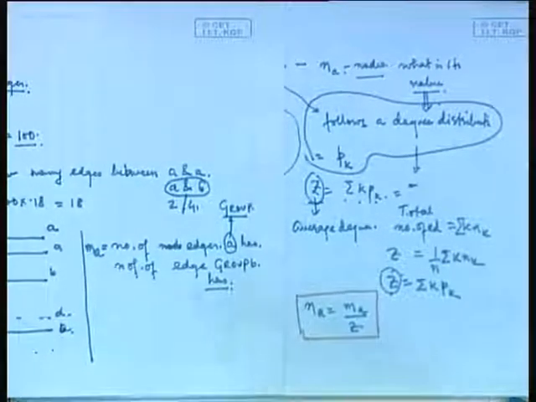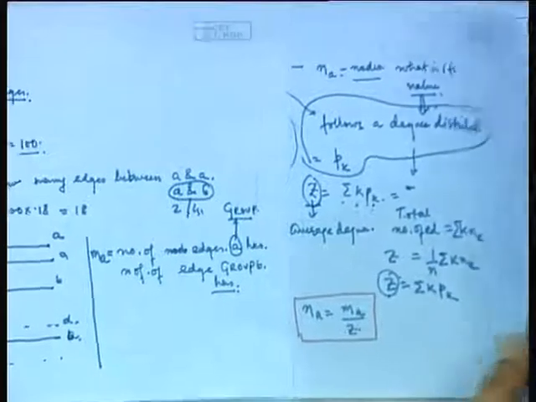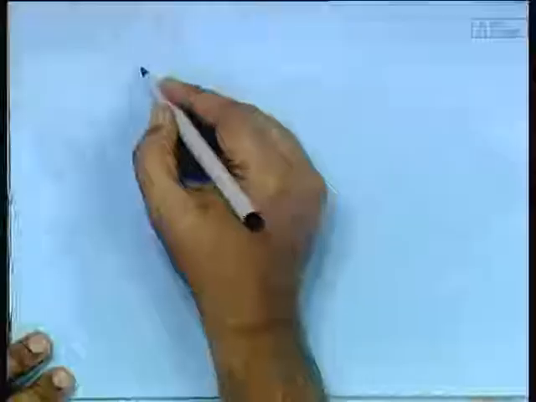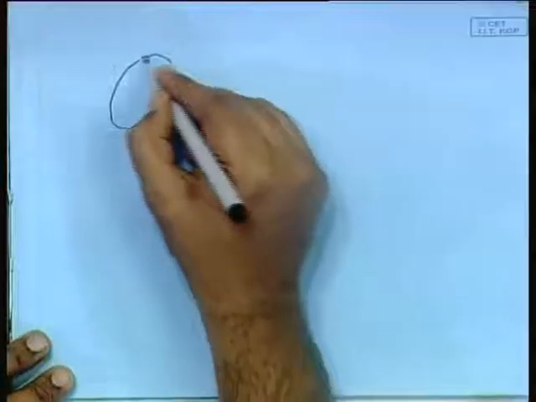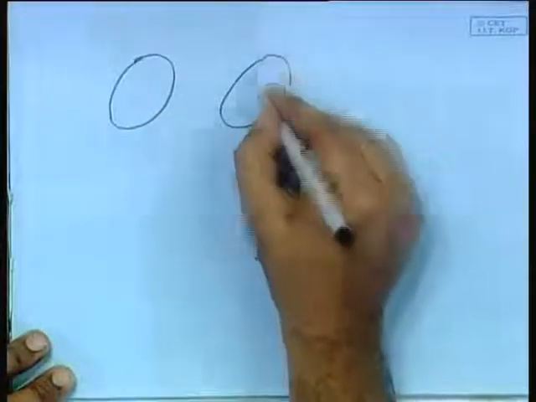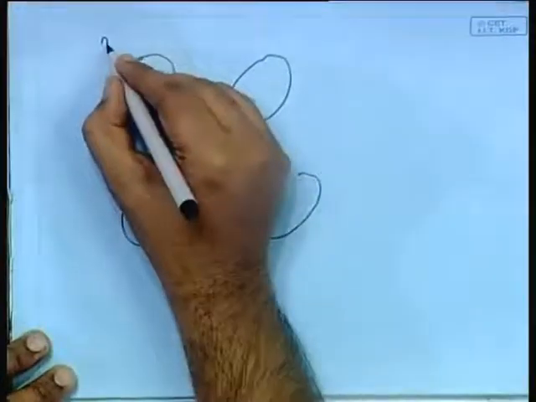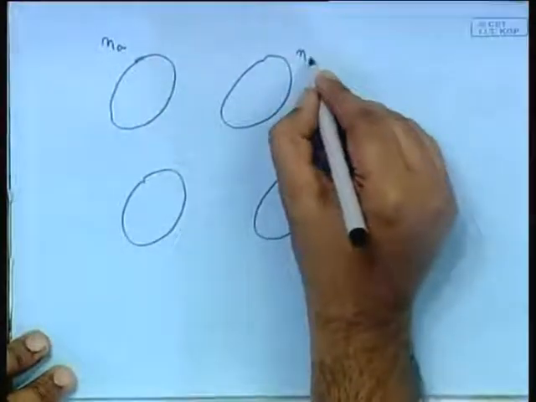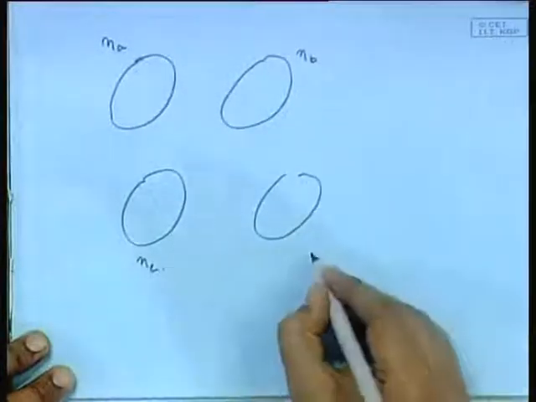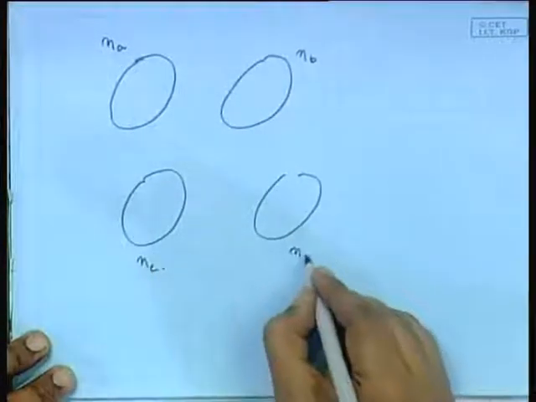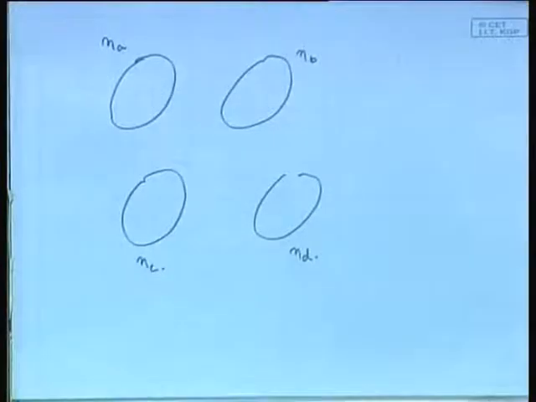Okay. So, then where are we? We basically have groups NA, NB, NC, and ND. I am just taking 4.